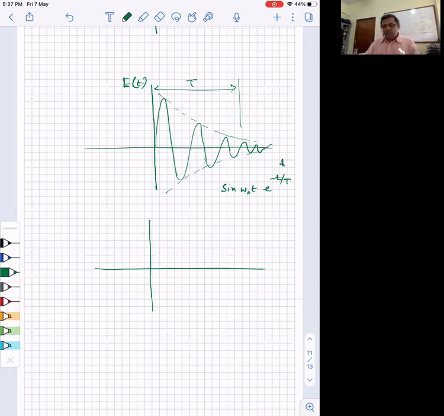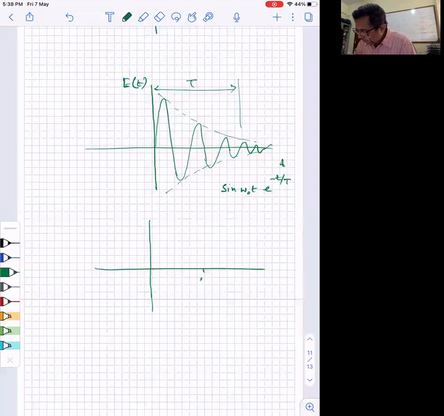So T gives you an exponential time scale of the decay over here. That's how I've taken the T. And then over here, it will again be at omega naught, but because of this decay, what will happen is something like this. Okay. So see what I'm saying.